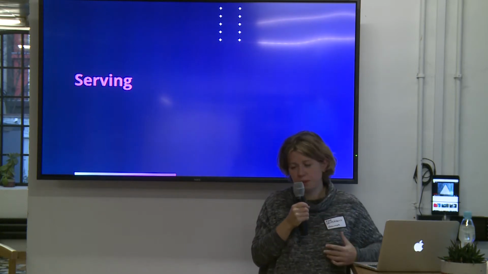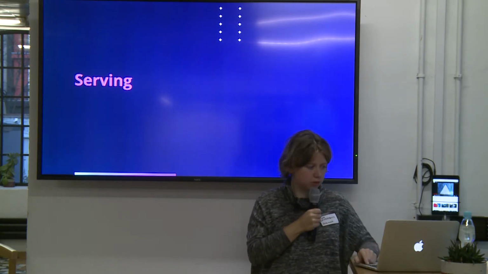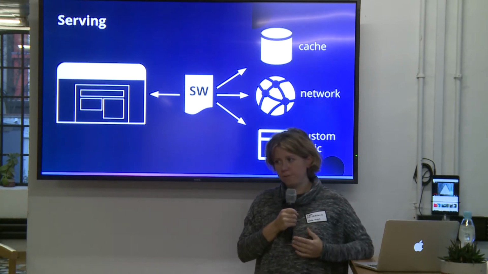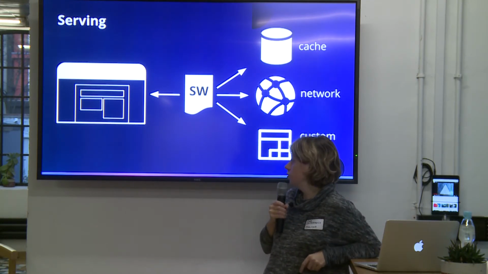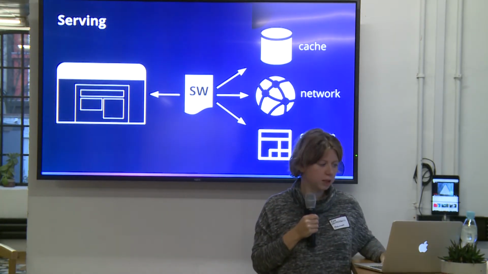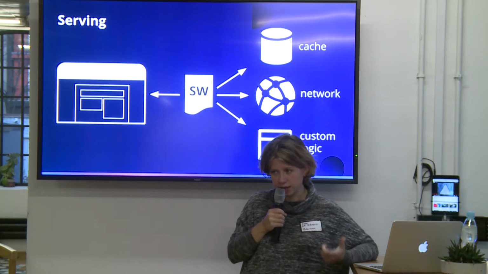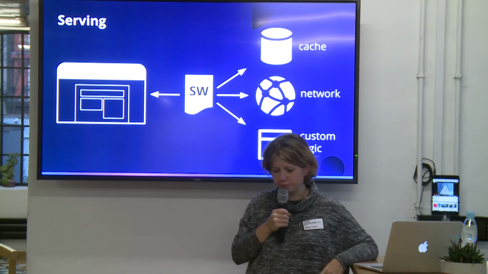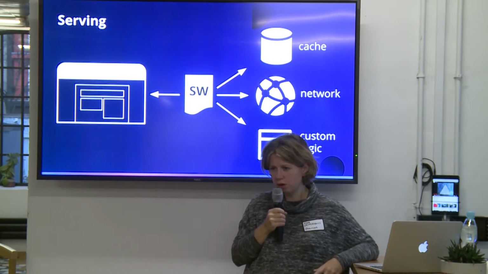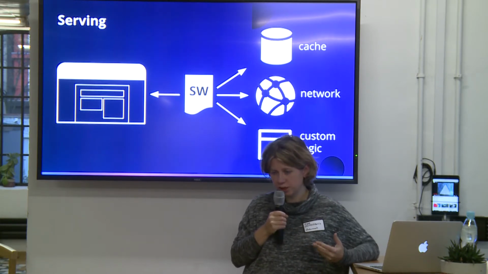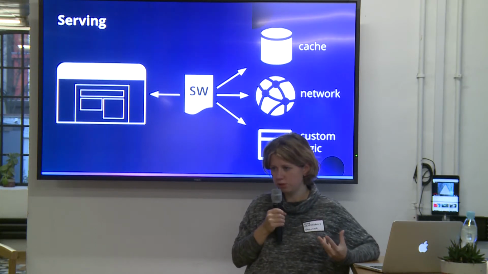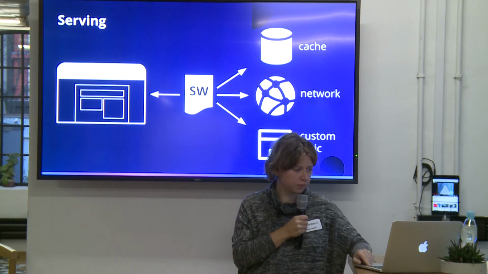Now, the serving part of the strategy, which means how the service worker returns the content to the website. So usually there are three places where the service worker can get content from. It's either network, or cache, or some combination of these two, or some generally scripted logic. This is just a piece of JavaScript, so it can use, for example, the same templating logic as you're using on your server.